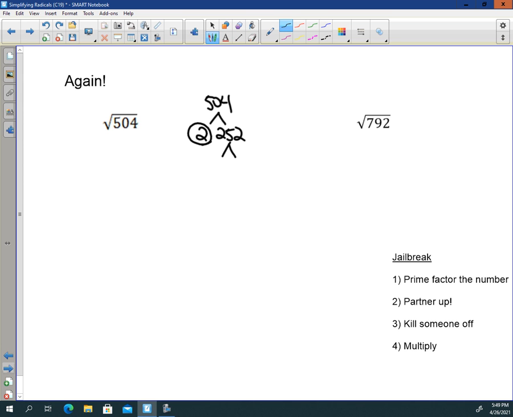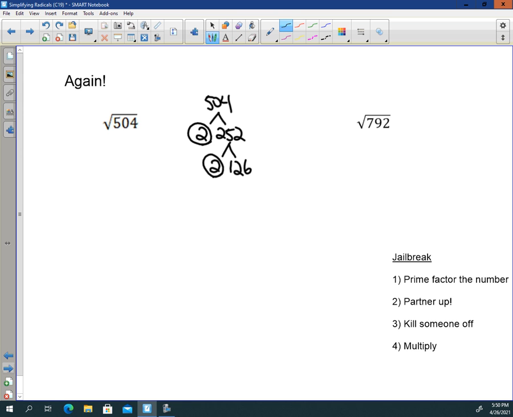Now I know that 252 is divisible by 2, so I'll just divide by 2, and I get 126. 2 times 126. Now when you're playing around with these, if you punch in a prime number and you get a decimal, you know that this number is not evenly divisible by that prime, and so you've got to move on to a different prime.